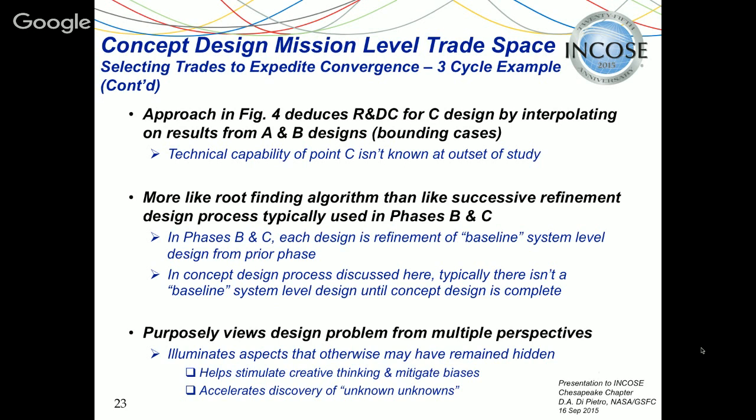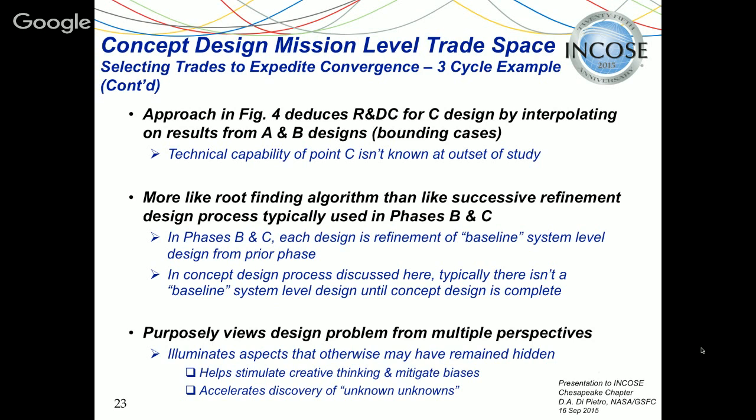That's an important point, and sometimes it's difficult for people who've worked mostly in phase C, phase D, who rotate onto a concept design team, and they want to see a baseline. In this case, in order to get across the trade space and converge in minimum time, we're actually hopping from a Cadillac to a Yugo, and then we're interpolating to get there as quick as we can.